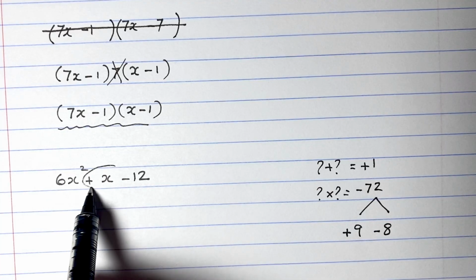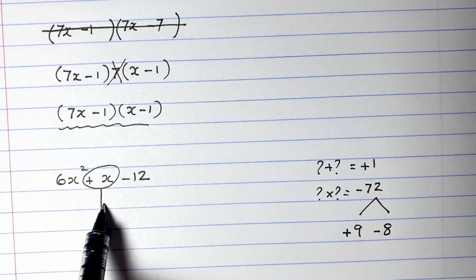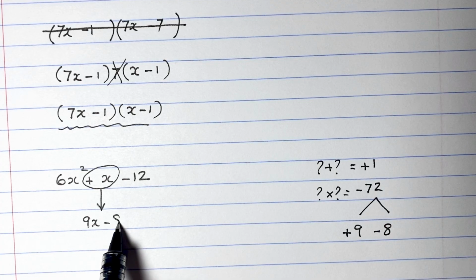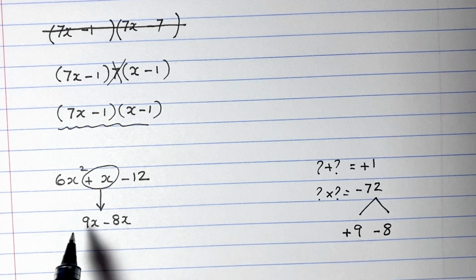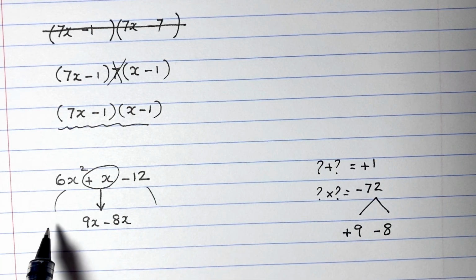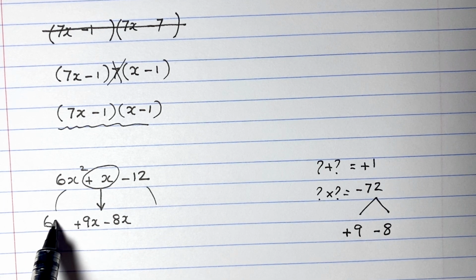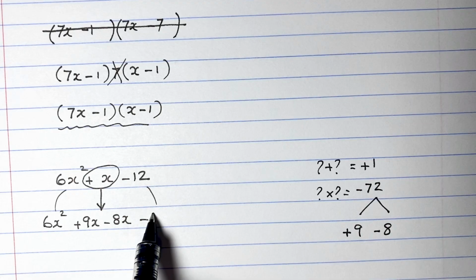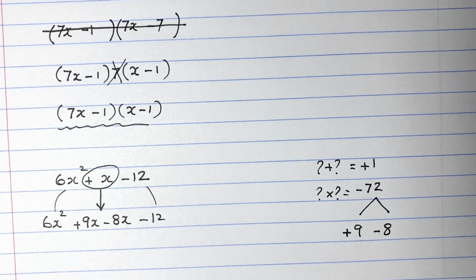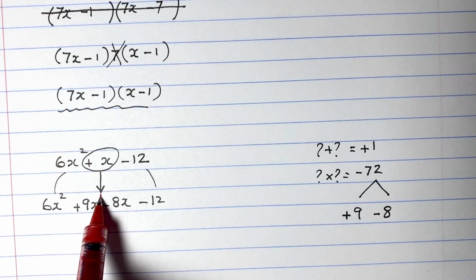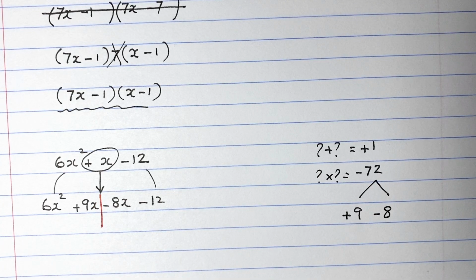So this plus x, which is plus 1x, is going to split into 9x minus 8x from here. Dropping these two down. Forgot the sign of the plus. And split and factorize.